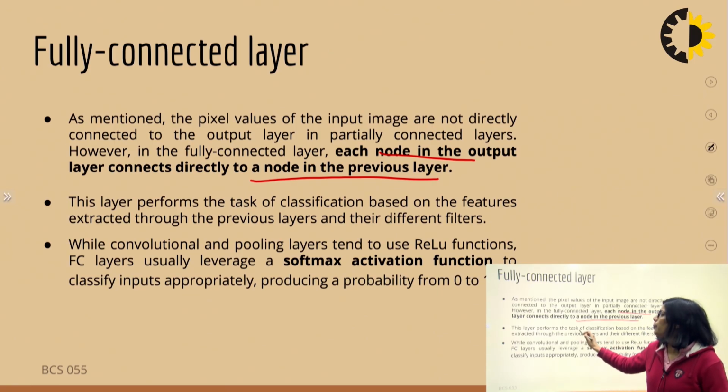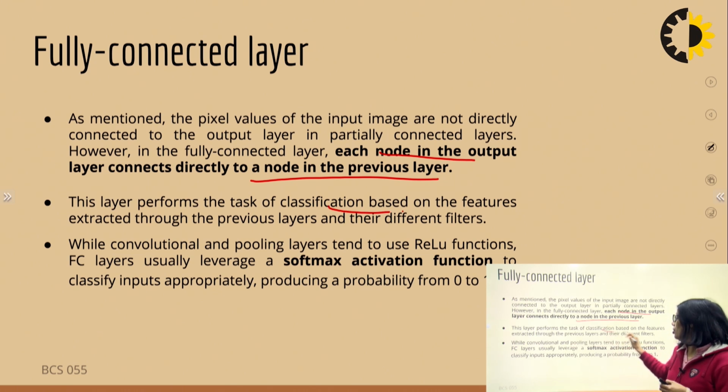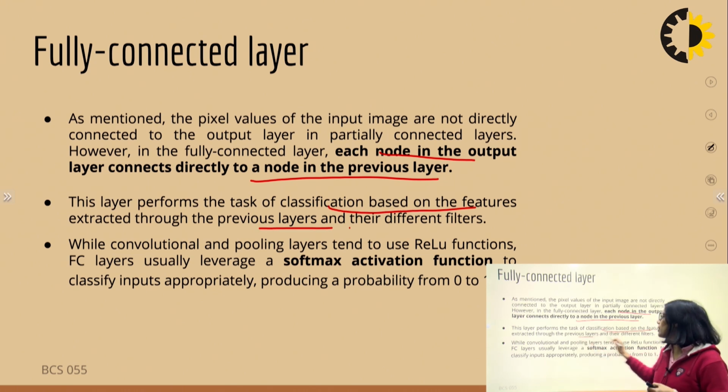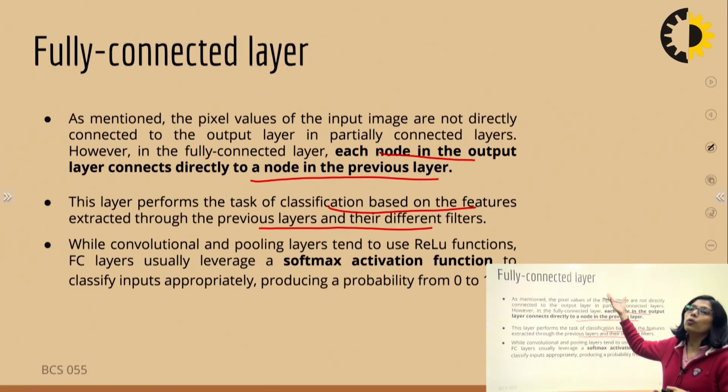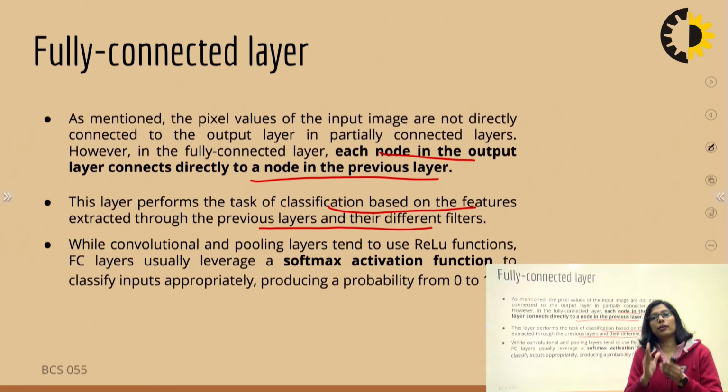This layer performs the actual task of classification based on the features extracted through the previous layers and their different filters. We applied different filters and identified the features, then we reduced the size, and then I have to find which number it is. We do that in the fully connected layer. Here every neuron in the previous layer is connected to every neuron in this fully connected layer.